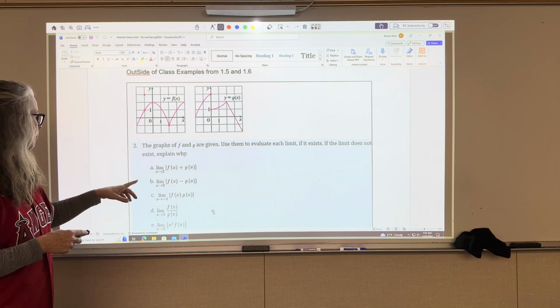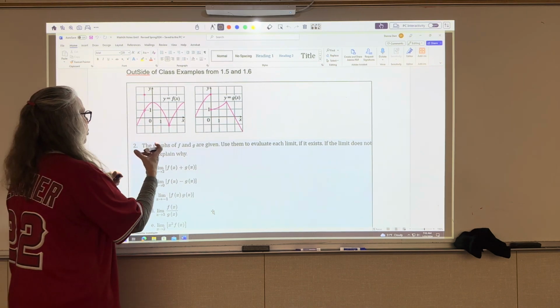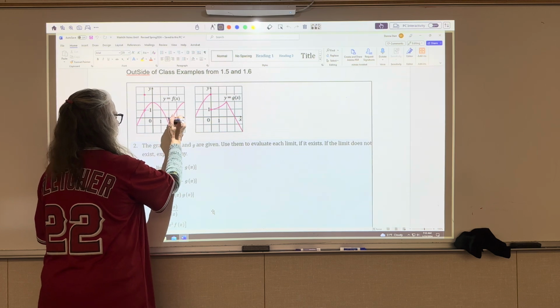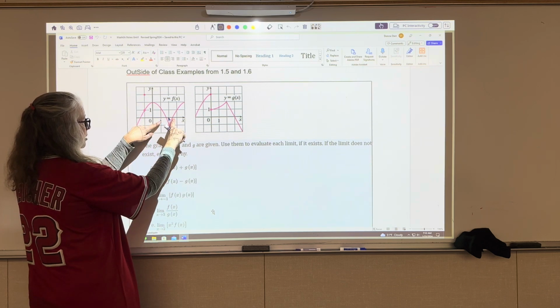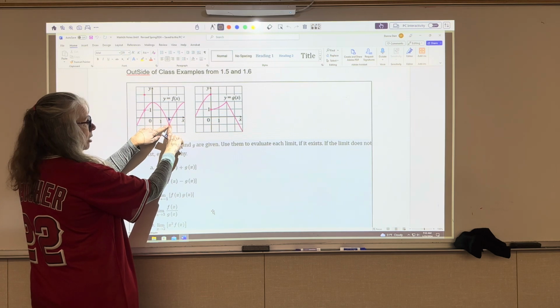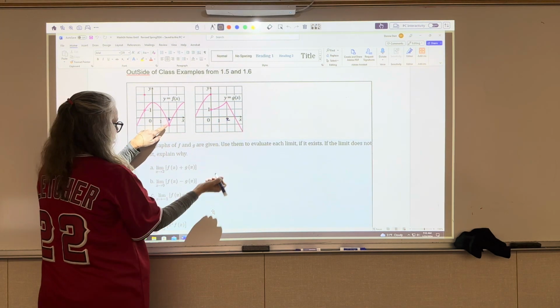And so as I approach 2, the limit, as x approaches 2, f of x, the limit exists here. And as I approach 2, the limit over here is going to exist.